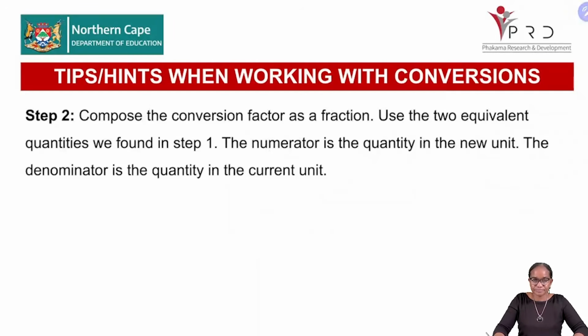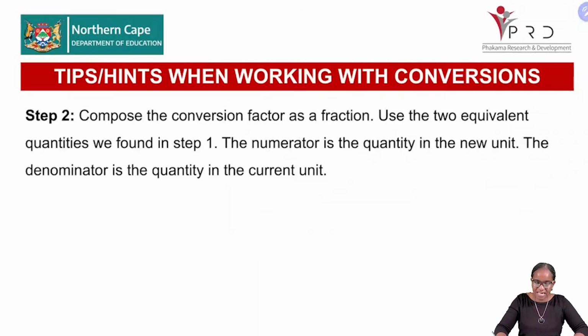Step 2. Compose the conversion factor as a fraction. Use the two equivalent quantities we found in step 1. When you've converted, you know that 1 kg is 1,000 grams. 1 meter is 100 centimeters. So you are now using that factor that you found. The numerator is the quantity in the new unit.